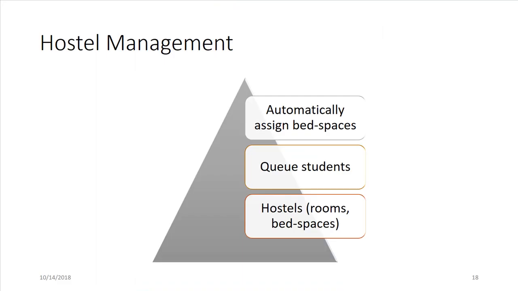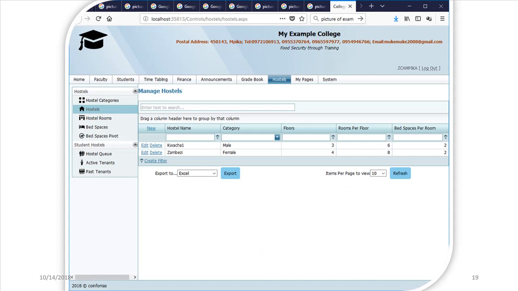And then you can also do hostel management. Of course, you can automatically assign bed spaces. You can define hostels and rooms, and you can queue students and then automatically assign. So here's an example of hostels that have been defined.